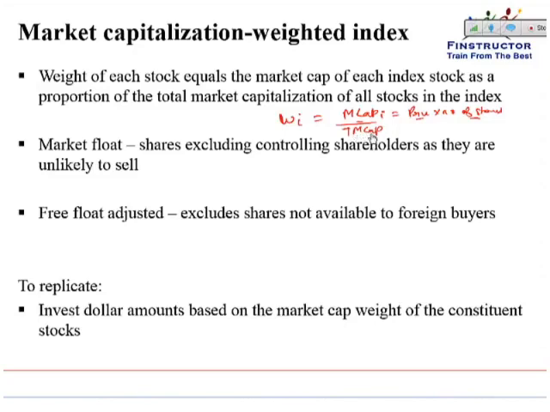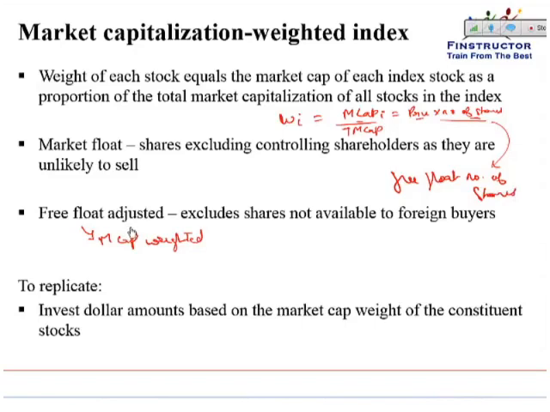A lot of times the market cap weighted index is calculated as a free float market cap weighted index. When we are doing this market cap calculation, the weighting mechanism remains the same. But instead of multiplying with the total number of shares, we only multiply with the free float number of shares.